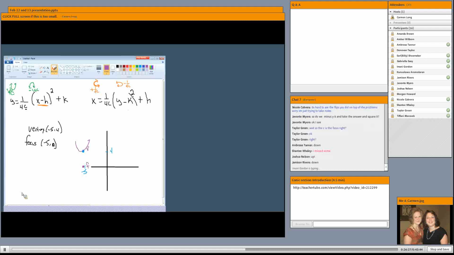There you go. It's got a y-squared formula. Do you see how that works? The focus is always on the inside. If they gave you the directrix, that would tell you which way it opens.